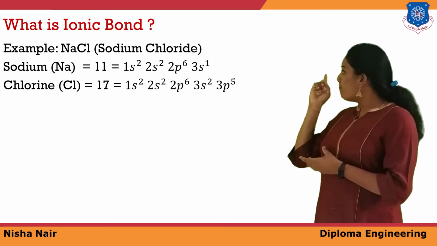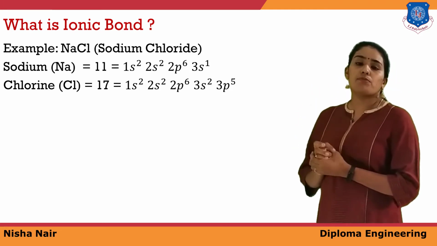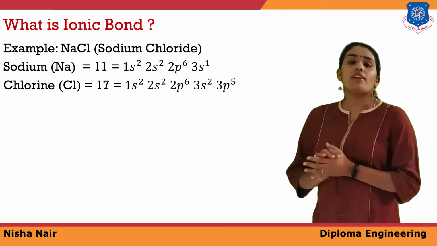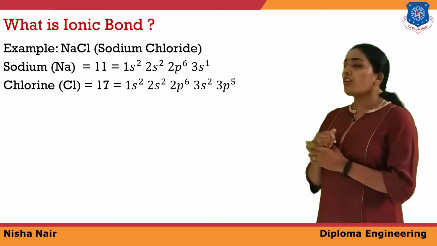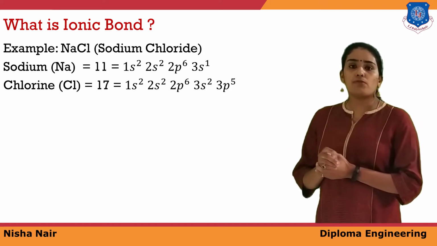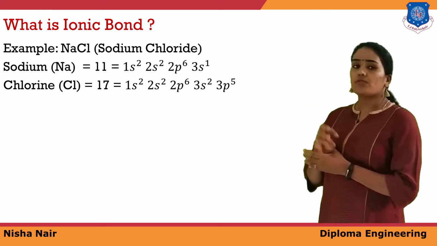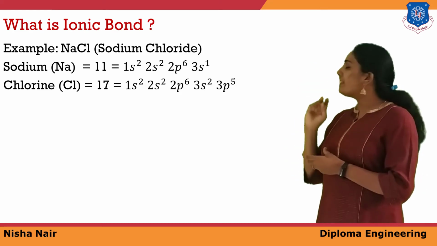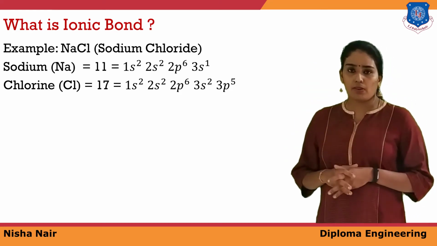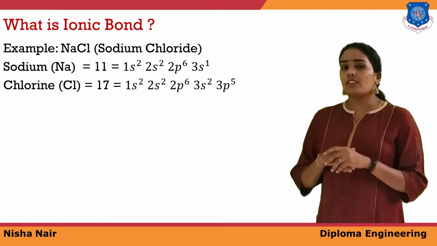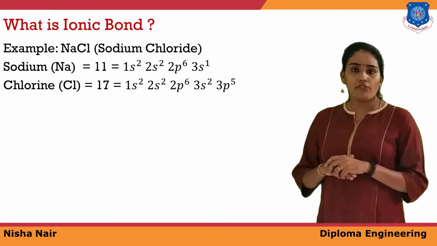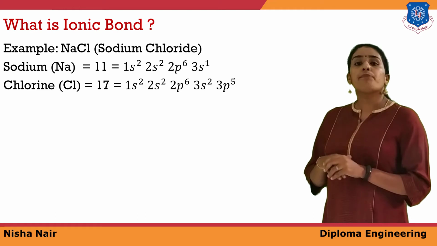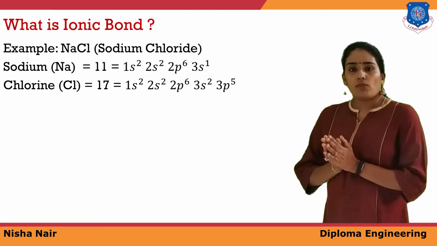We can see in both atoms the last subshell is not fulfilled. They are not stable, because in sodium the last subshell is S subshell and in chlorine the last subshell is P subshell. Both need 1 electron to have a stable configuration. As we know, S subshell needs 2 electrons and p subshell needs 6 electrons to have a stable configuration.